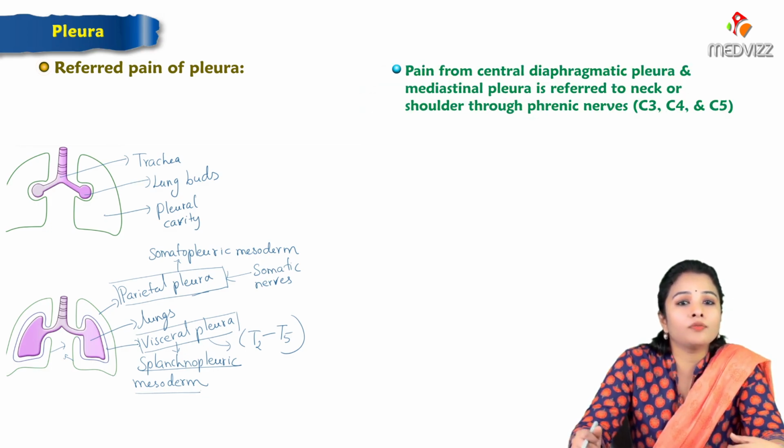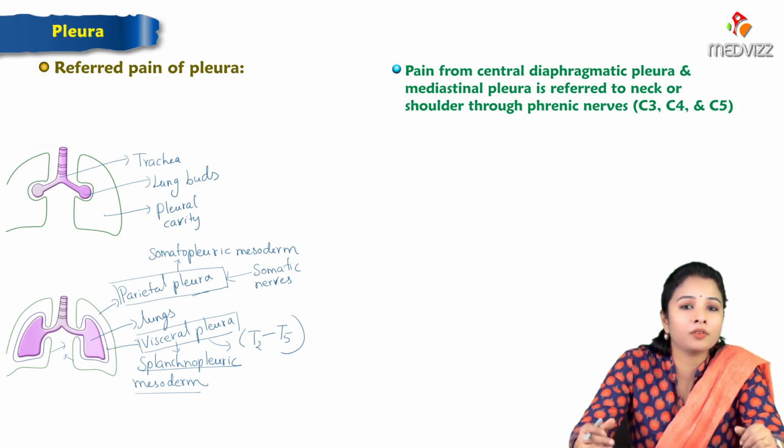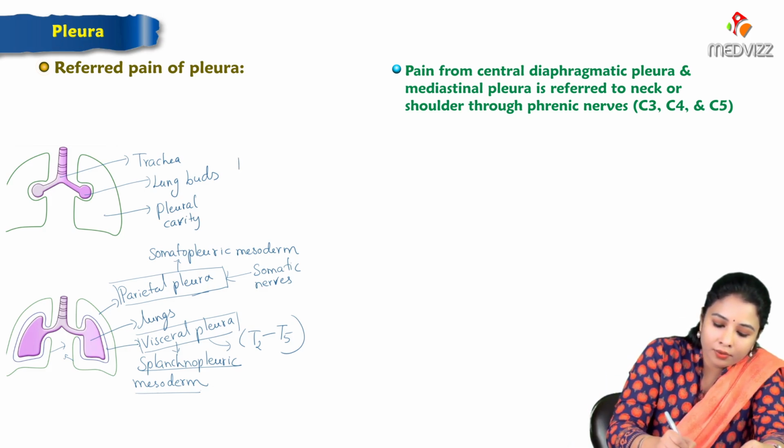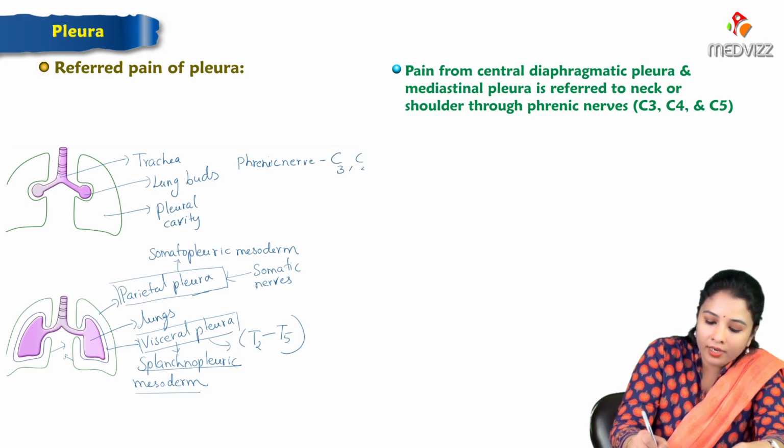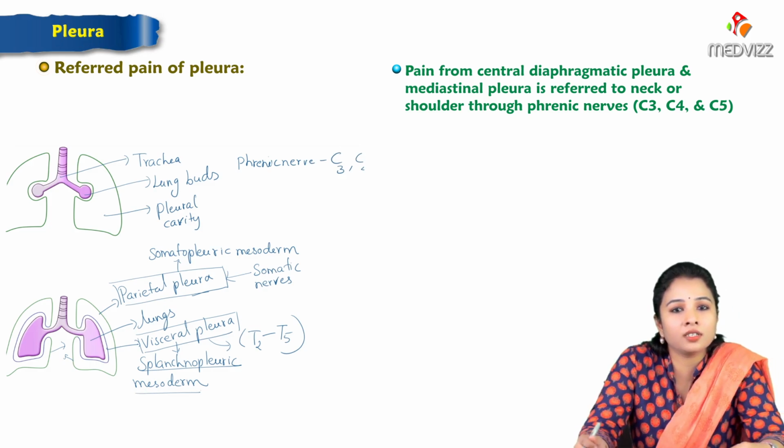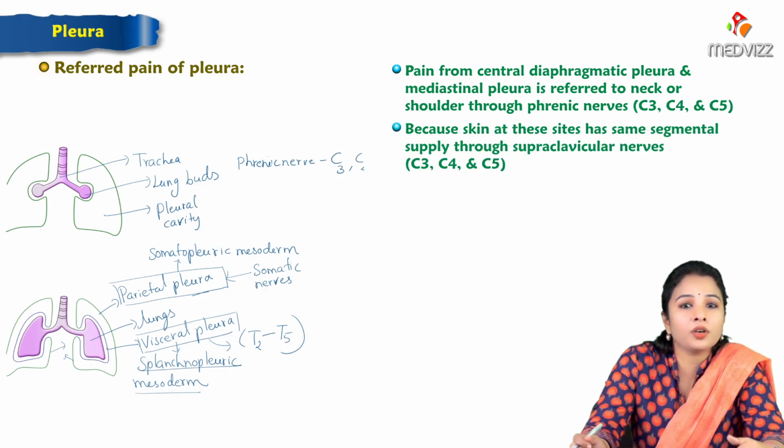The pain of the central part of the diaphragmatic pleura and the mediastinal pleura is referred to the neck and the shoulder through the phrenic nerves, because the root value of the phrenic nerve is C3, C4, C5. Because of this, the skin at these sites has segmental innervation.